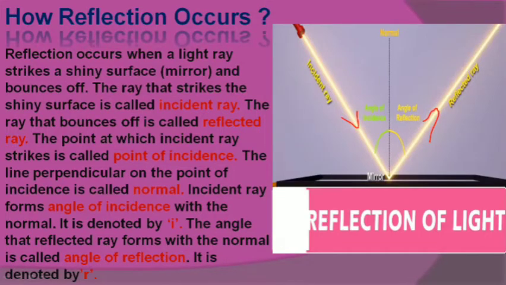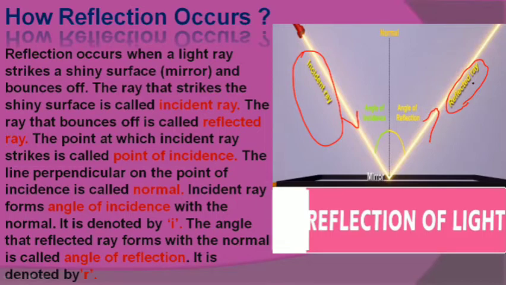The ray that strikes the shiny surface is called the incident ray. There are some terms which we have to know. The incident ray is the one falling here. The ray that bounces off is called the reflected ray, because here there is no absorption or transmission, only reflection on the plane mirror.